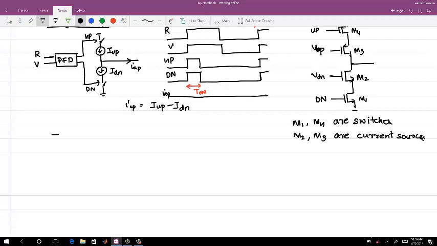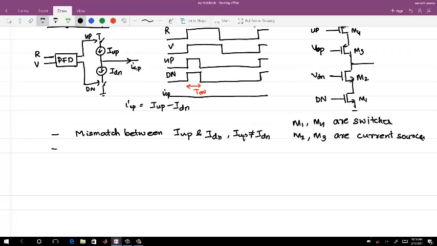Okay, so what you suggest is there will be a mismatch between I up and I down. That is one thing which we can have, which means the current sources are not equal. I up is not equal to I down.